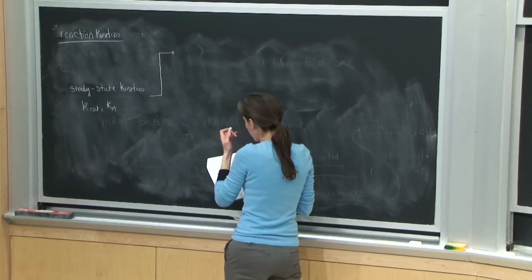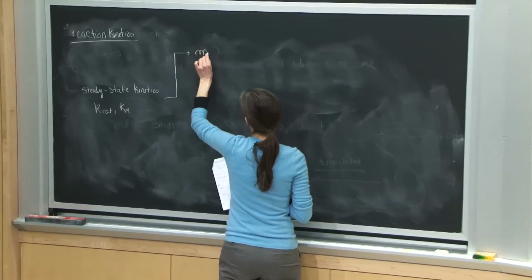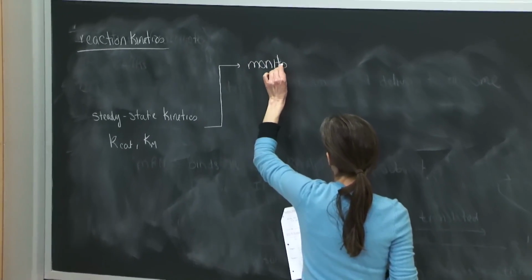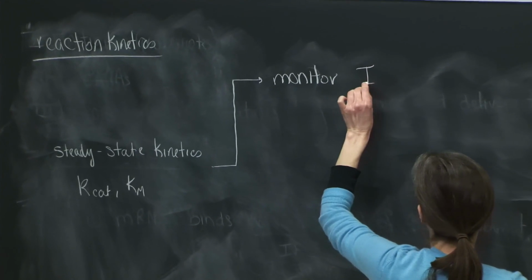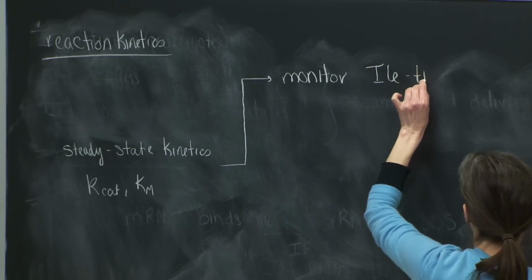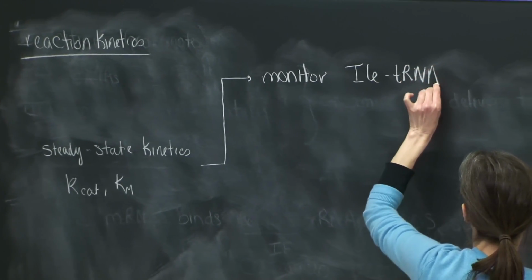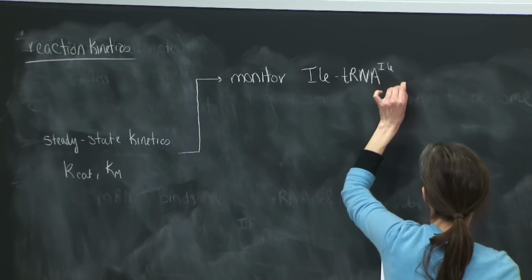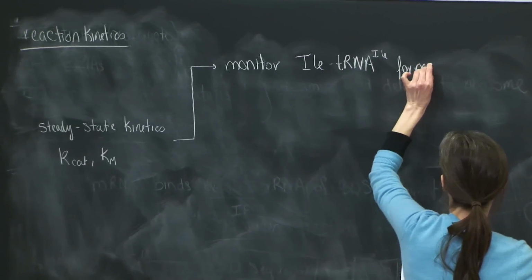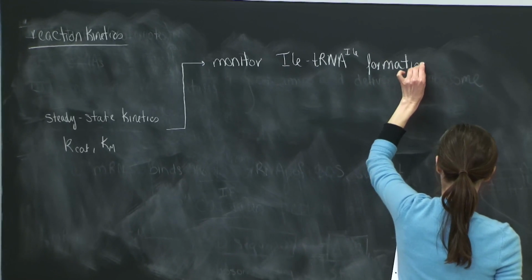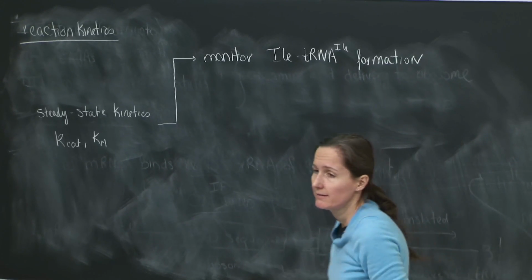So experiment 1 is to monitor formation of product. So how is this done?